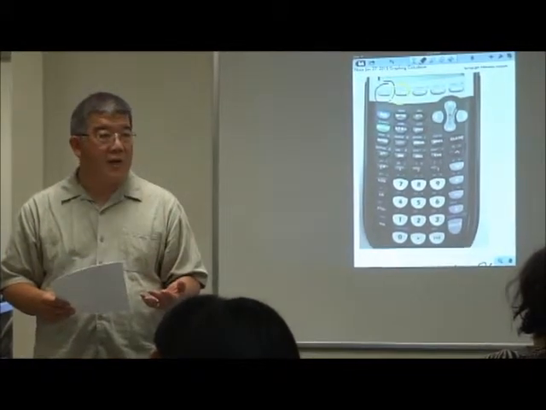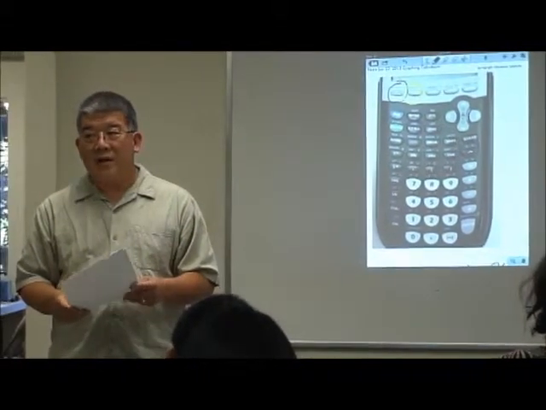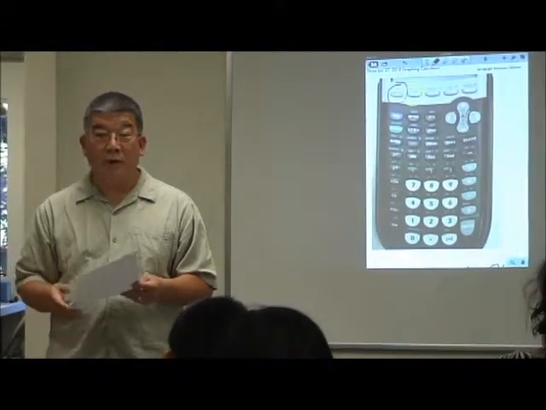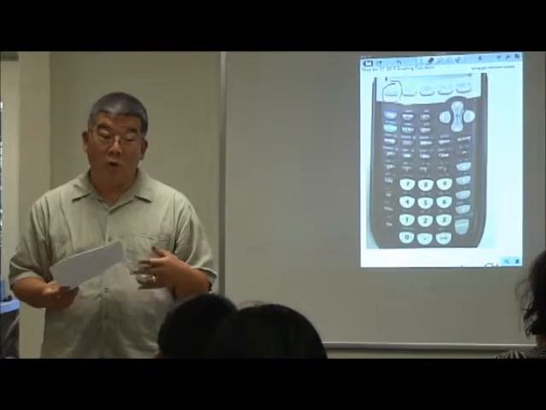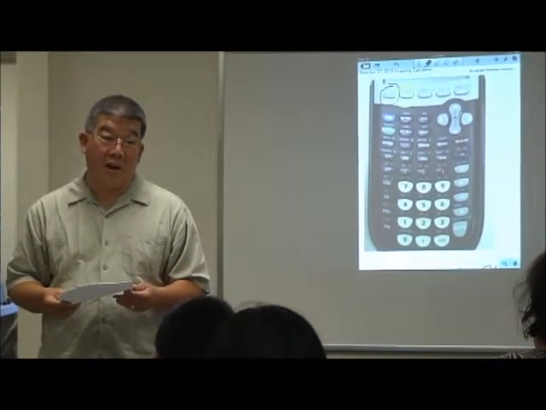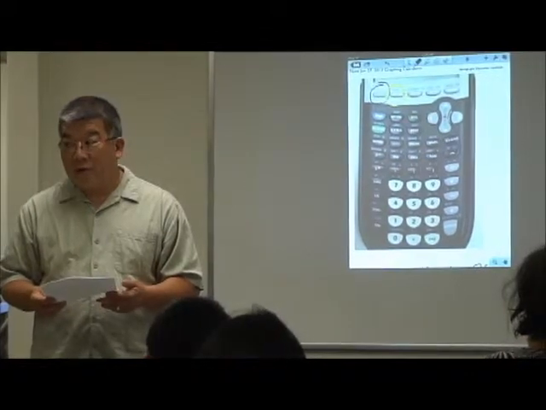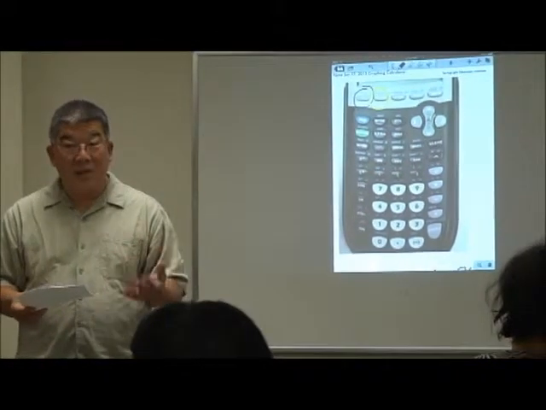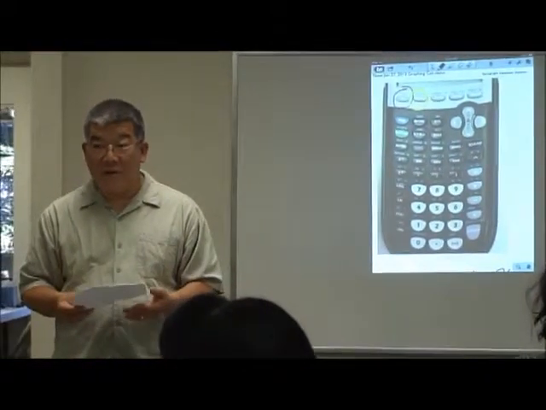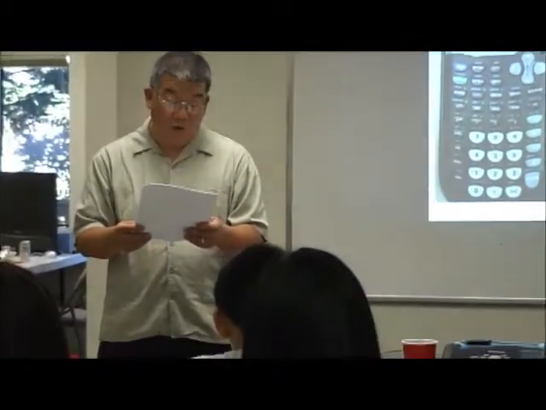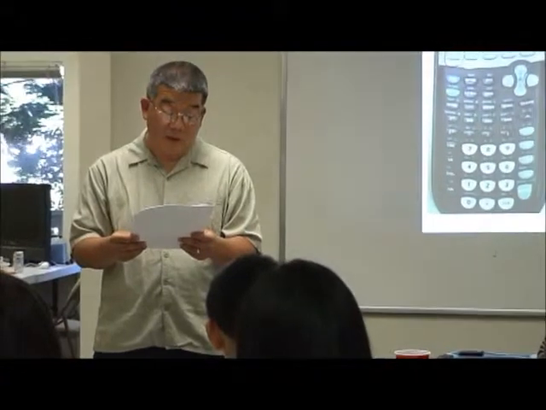One of the comments I found at that site was that at least 50%, 55% of the problems will require you to use a calculator in order to be successful. So you better have at least a scientific calculator, if not a graphing calculator, handy, and you must know how to use it in order to be successful in the SAT 2s.